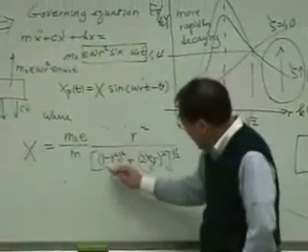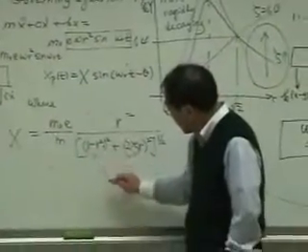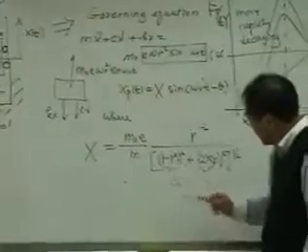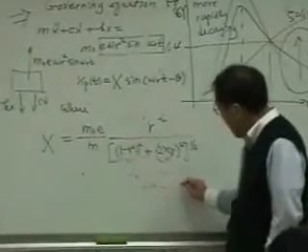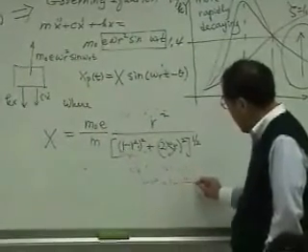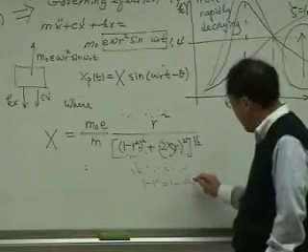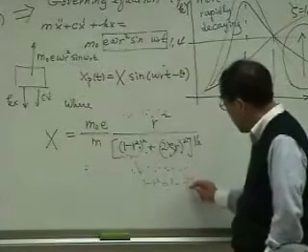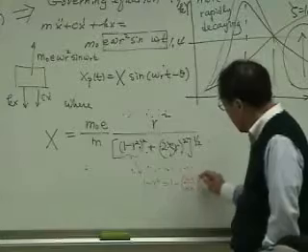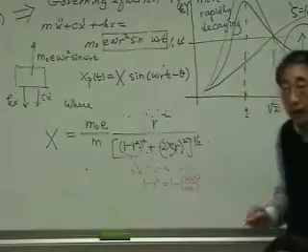You look at this term again, and that is 1 minus omega r, the excitation frequency over omega n, squared.